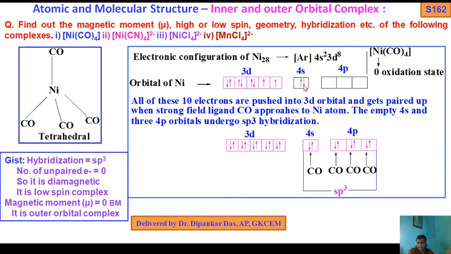That means the 2 electrons from 4s are pushed into the 3d orbital and get paired up when the strong field ligand CO approaches the nickel atom. That means the 4s electrons and these unpaired electrons are pushed into the 3d orbitals and get paired up.